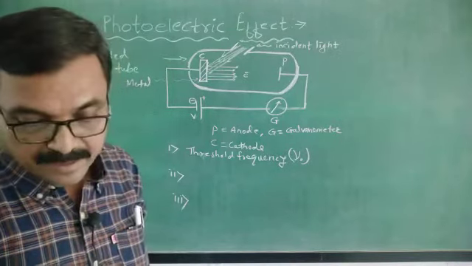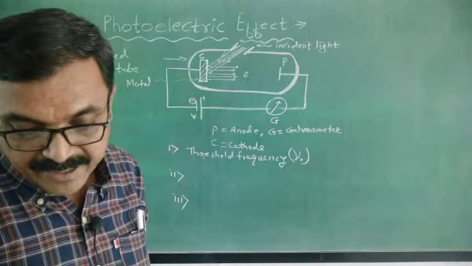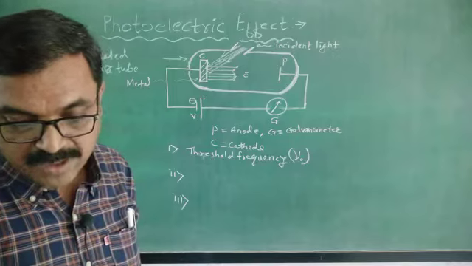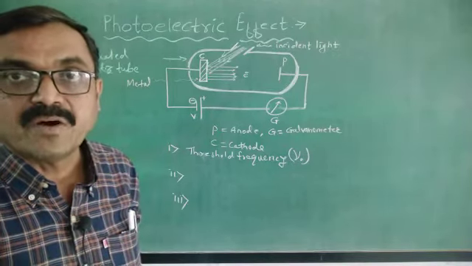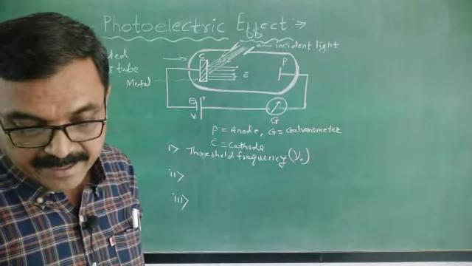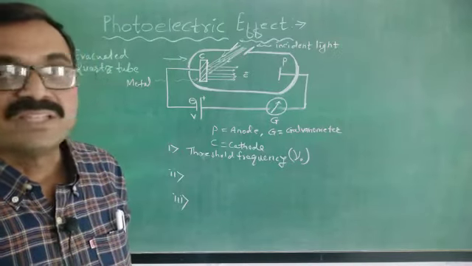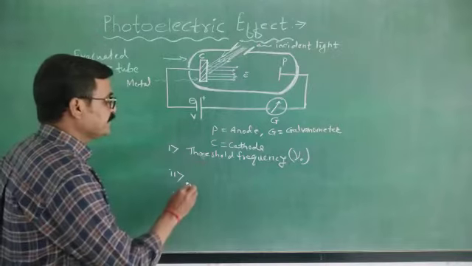And the second point is that the kinetic energy of these photoelectrons is independent of the intensity of incident light and depends linearly on its frequency. What is the second point?